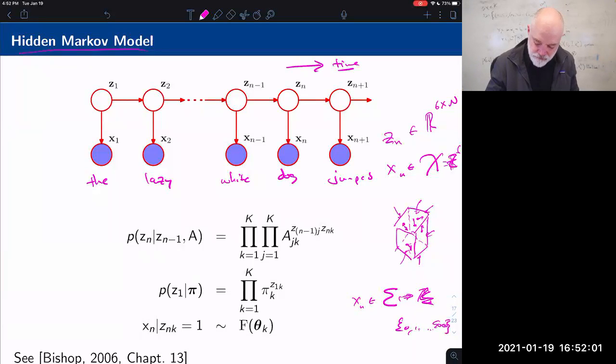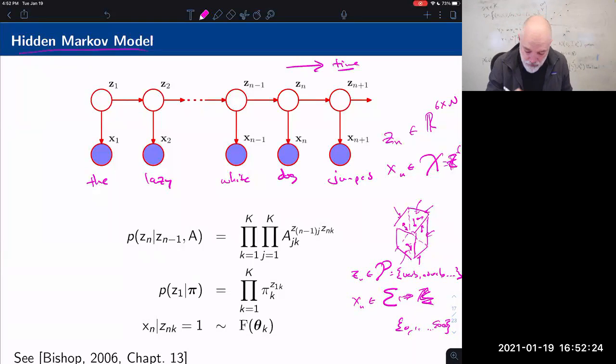You have 5,000 different words, something like that. And z would live in, I'll make it p, which is going to be the parts of speech, verb, adverb, and so on and so forth, something like that.